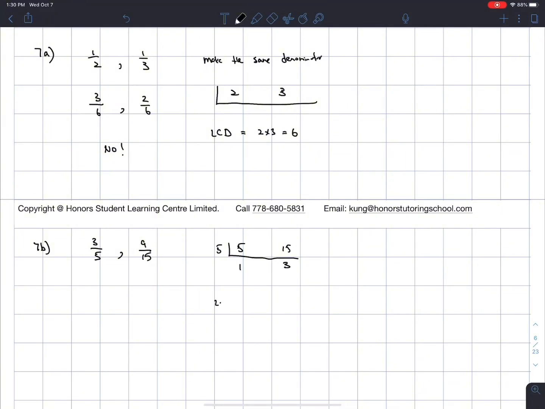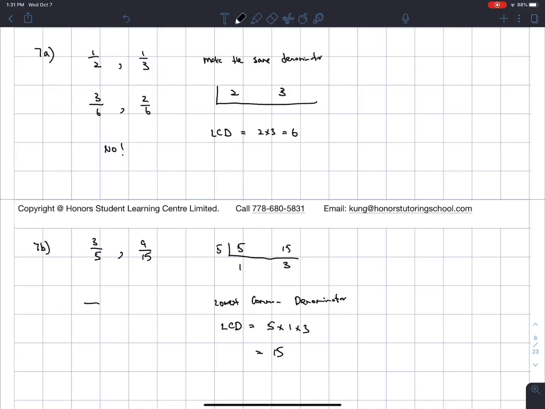My lowest common denominator, which is my LCD, is going to be 5 times 1 times 3. I just multiply all of them together, and I get 15.